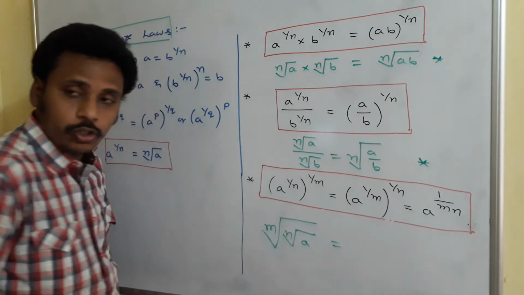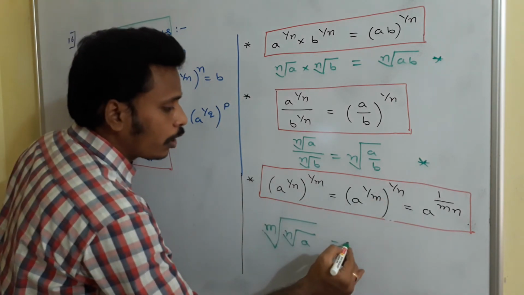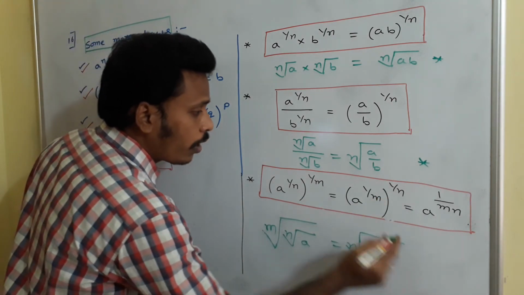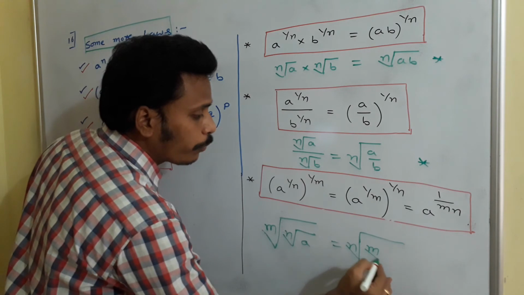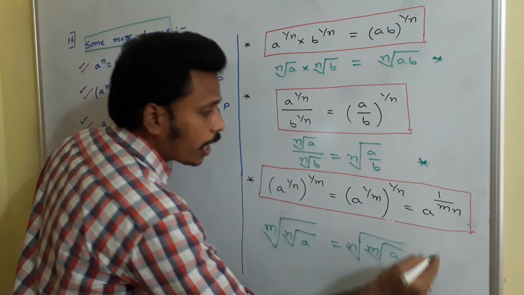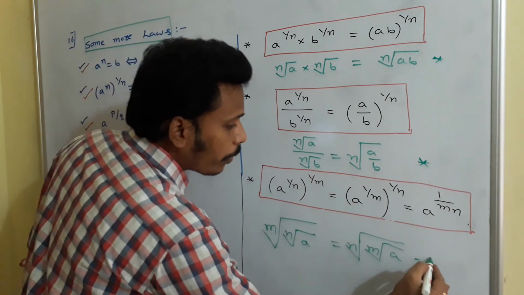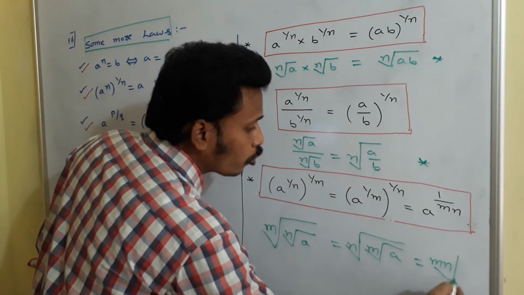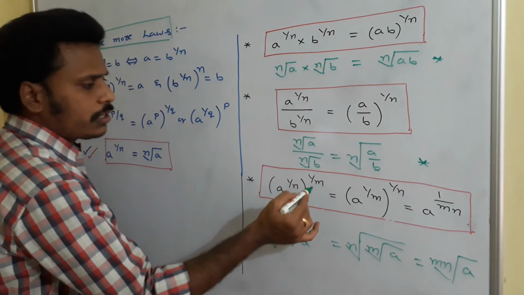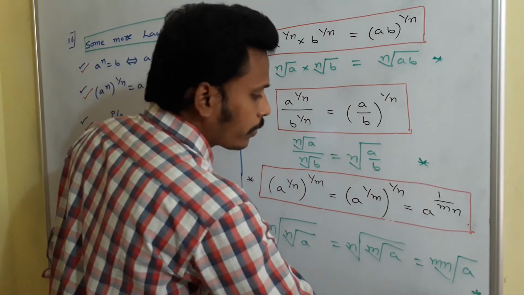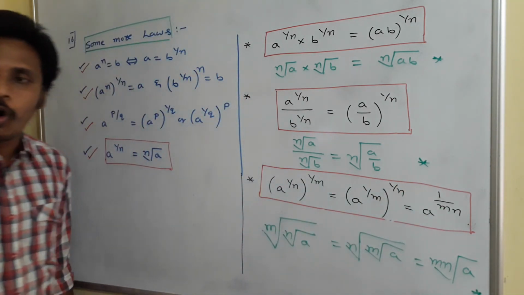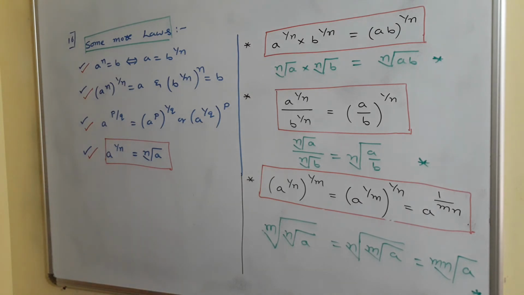This is again equal to the nth root of the mth root of a. And now this is 1/(mn). See the multiplication of these two, which in turn represents the mnth root of a. These two are actually the same, as I said. This is in exponential form, and the next is in nth root form.